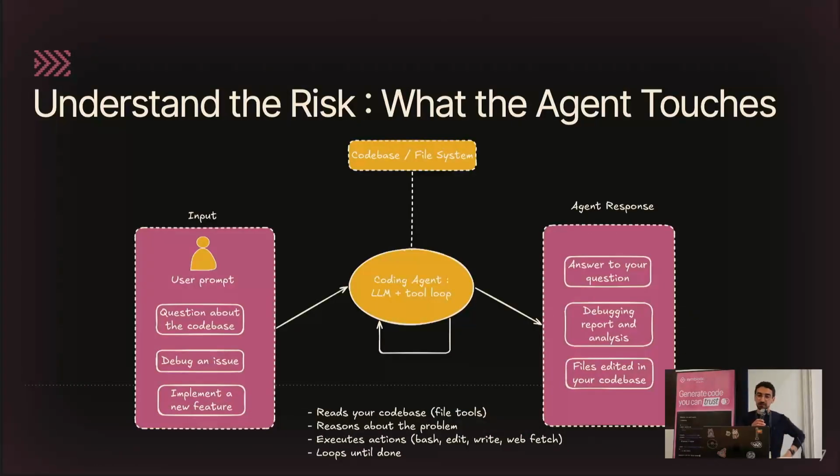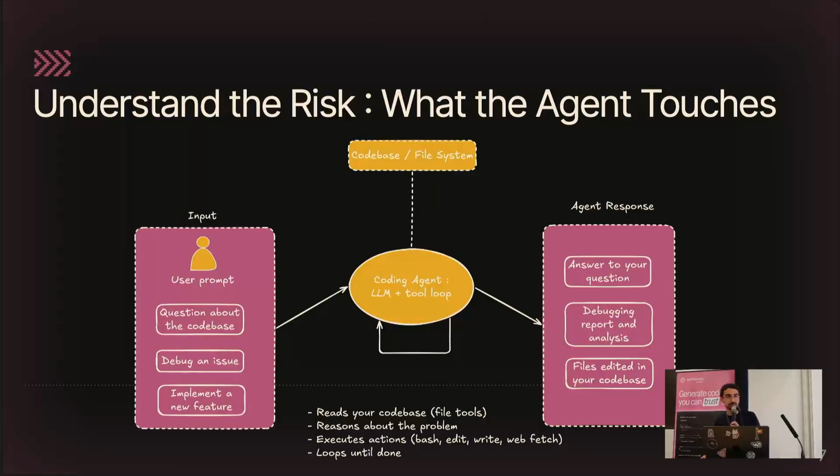So to understand the risk of the coding agents, you should know what the agent touches. So you, as a developer or as a user of coding agents, prompt a coding agent by asking it about your code base, for example, or you ask it to debug an issue for you or implement a new feature. So the coding agent at that time has access to your code base, to your file system.